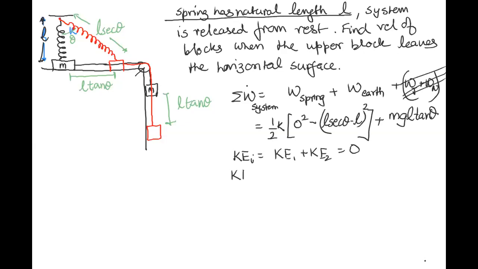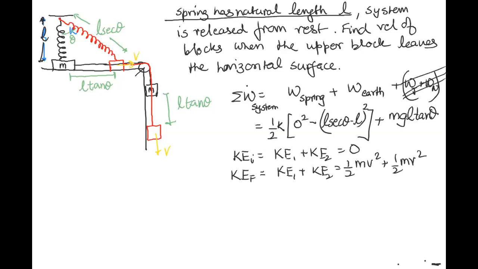The final kinetic energy must be equal to the final kinetic energy of block 1 plus the final kinetic energy of block 2, which will be equal to half mv square plus half mv square, because after they have come to this position, their velocity must be something, but I know that the velocities must have the same magnitudes because they are connected to each other by a string.